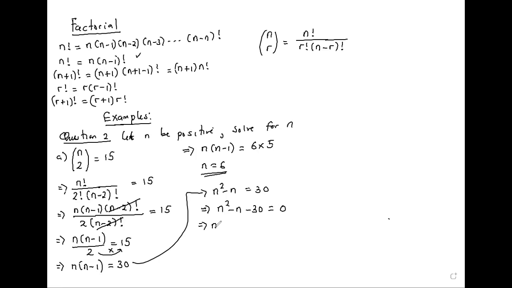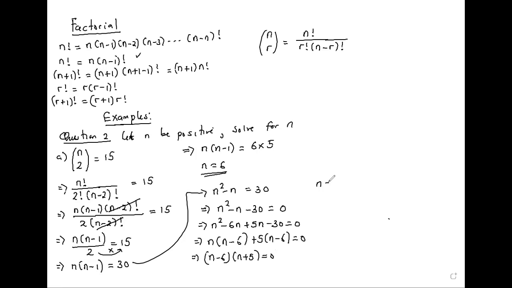So you can use negative 6 and positive 5, which gives n minus 6 times n plus 5 equals 0.